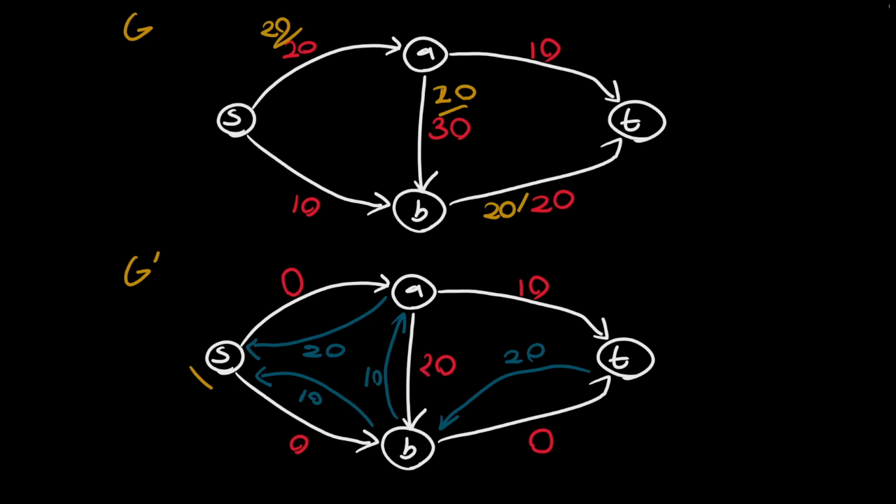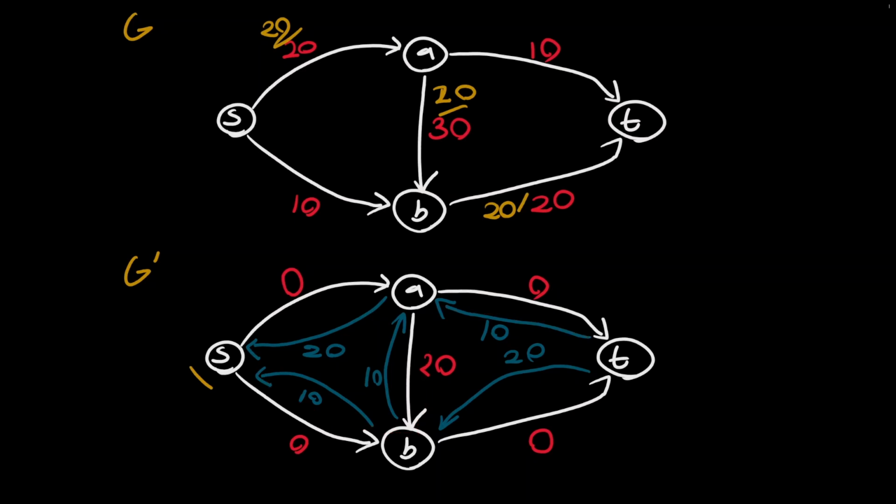Then I'm going to take this edge over here and take 10 units. It's the wrong way. I'm going to take 10 units going back. So here we're going to go 10 and reflect the forward edge. So in all, we took this zigzag path right there. Now let's update our original graph.